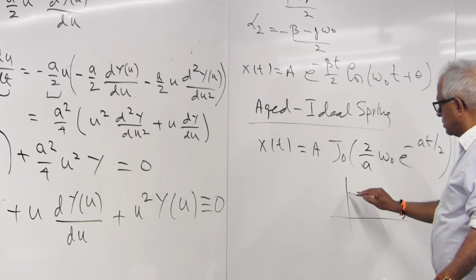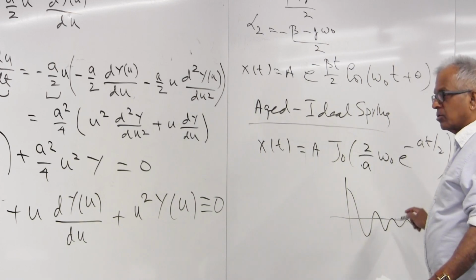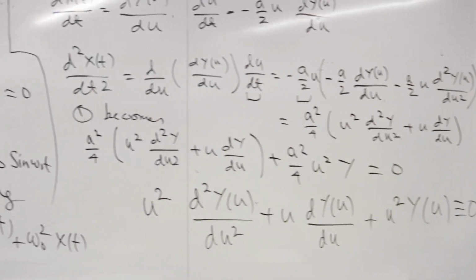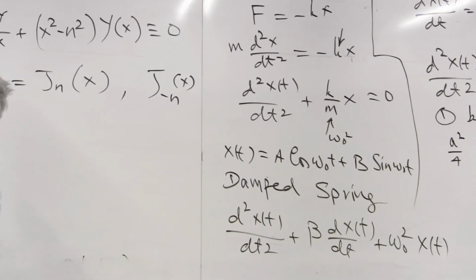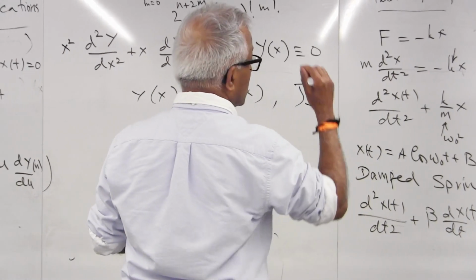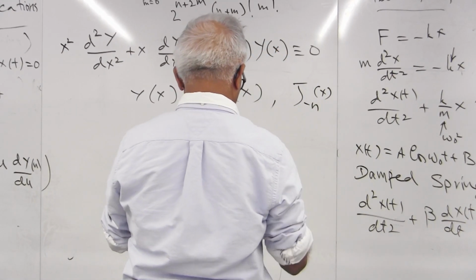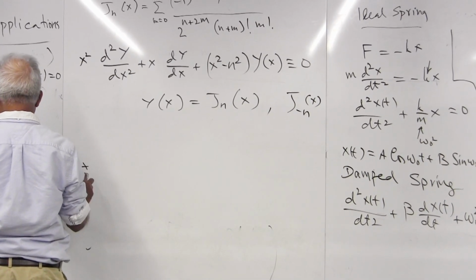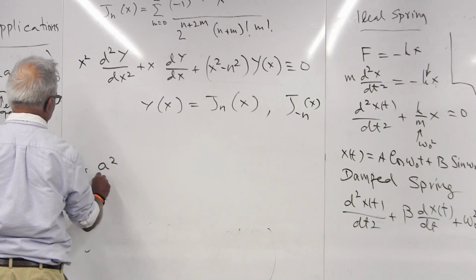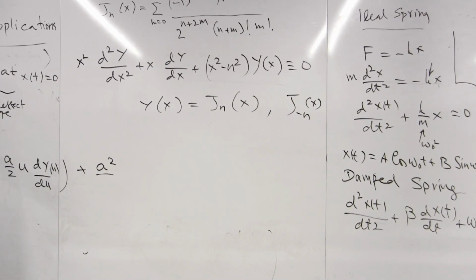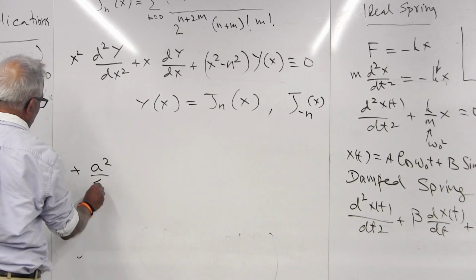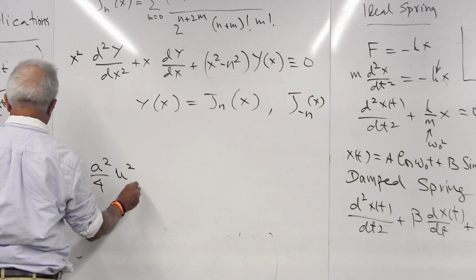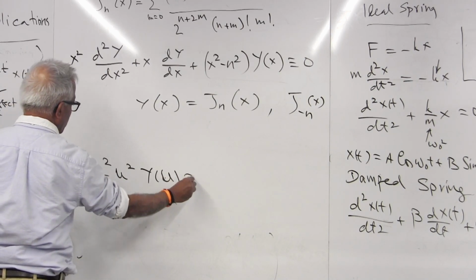This also oscillates, but faster than sine, etc. So we use the derivative. Then the last term is omega 0 squared. So this is going to be, as before, omega 0 squared, this quantity is a squared by 4 u squared y of u equal to 0.